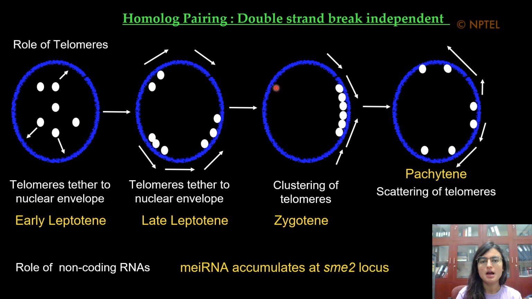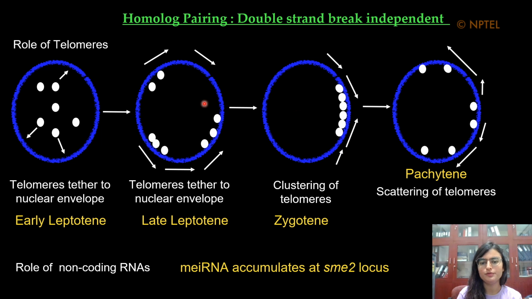Another way by which homolog pairing occurs independently of DNA double-strand break generation is by exploiting the telomeres of the chromosomes. In early leptotene, all the telomeres tether to the nuclear envelope, which is shown here in the blue boundary. During late leptotene, the telomeres start moving towards one of the ends of the nuclear envelope.